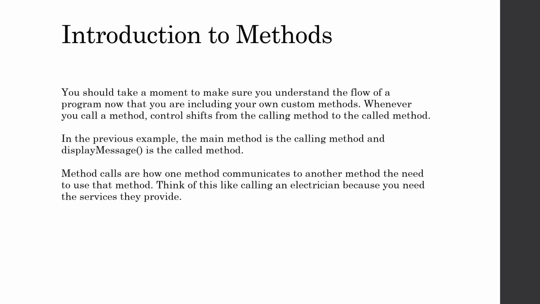So method calls are how one method communicates to another method that you need to actually use whatever code is inside of that method. So you can think of this kind of like if you need to call somebody to come perform some particular service for you or to provide some kind of product to you, maybe like an electrician, because you need the services that they provide.